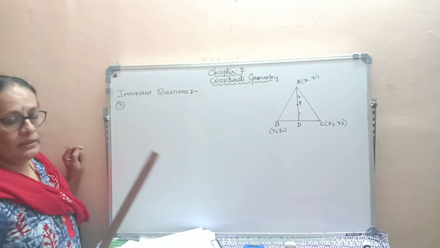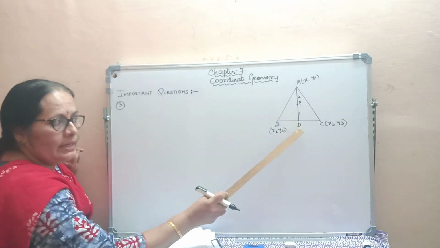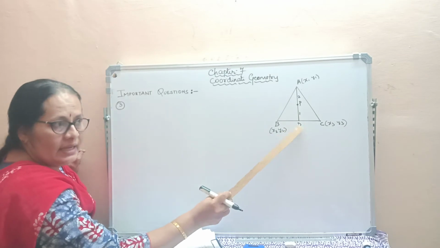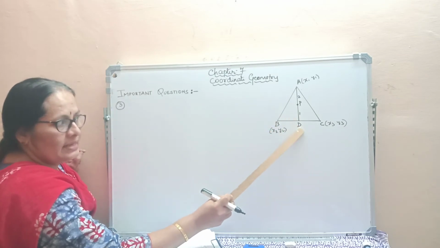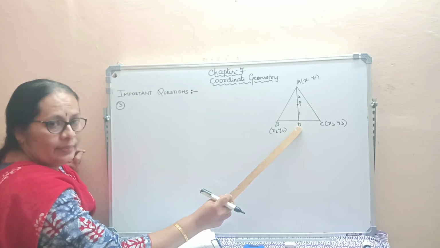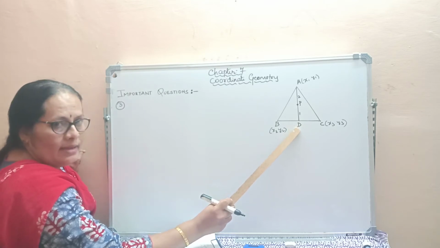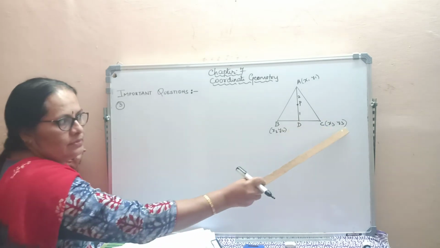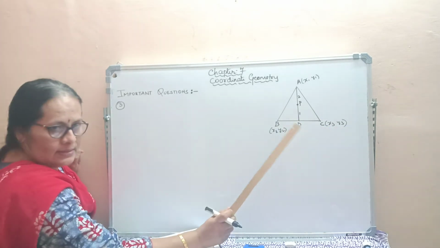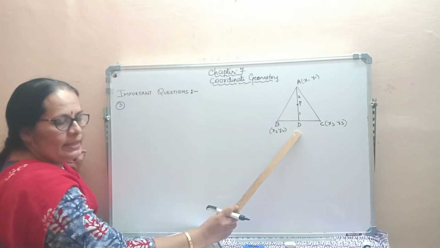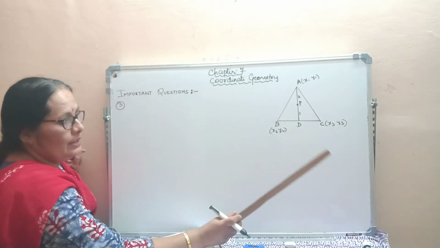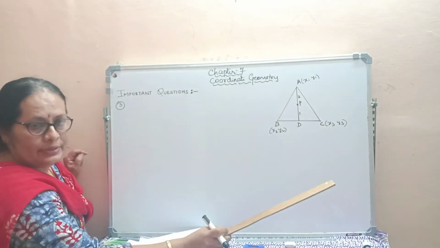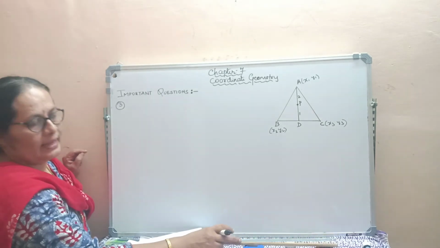First, we have to find the coordinates of point D. Since AD is the median, D is the midpoint of BC, so apply the midpoint formula, that is (x1 plus x2 upon 2, y1 plus y2 upon 2). Using this formula we can find the coordinates of D. Then we need to find the coordinates of point P, that is nothing but the centroid of the triangle.